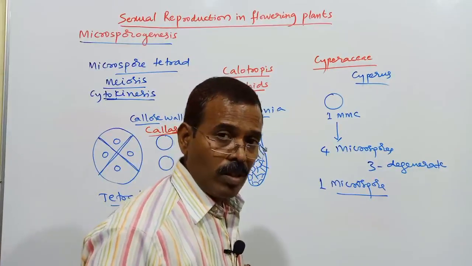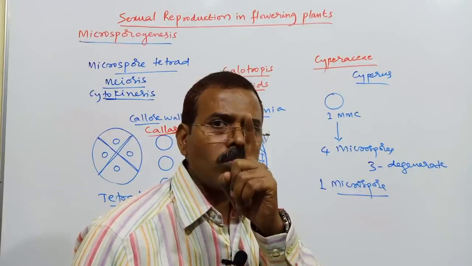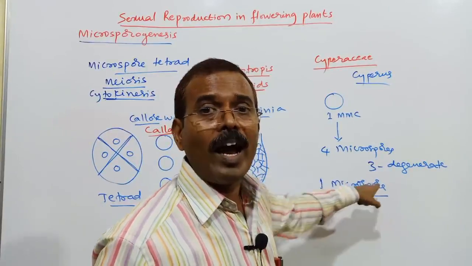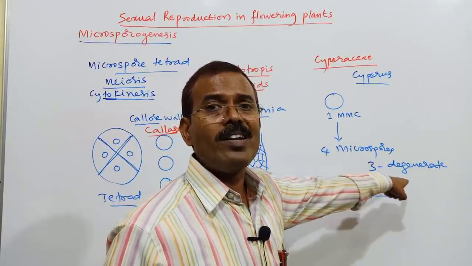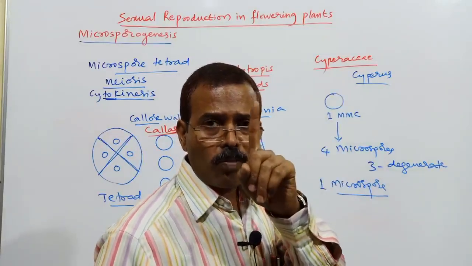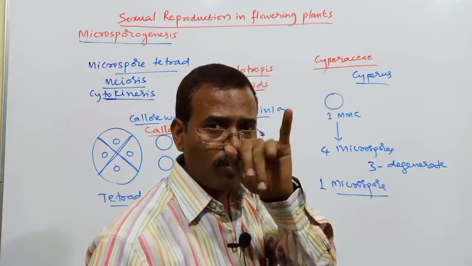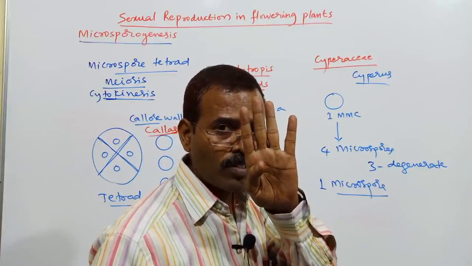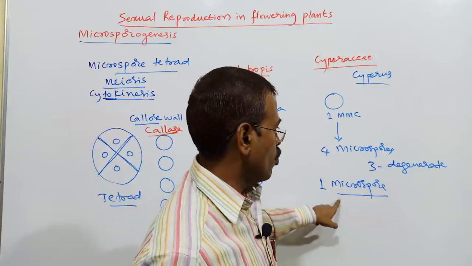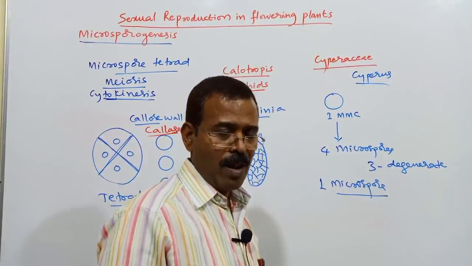That means one meiotic division from a single microspore mother cell leads to only 1 functional microspore, especially in this family Cyperaceae. So instead of producing 4 functional microspores, 3 degenerate and 1 remains. That is, 1 functional microspore is produced in the case of cypress or Cyperaceae family. Remember this point.